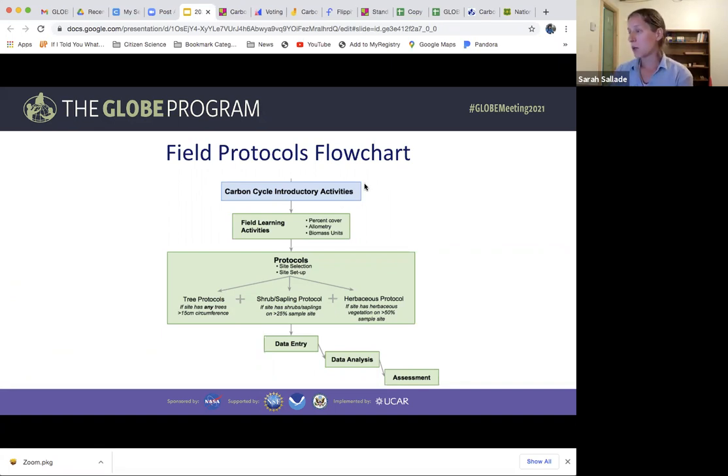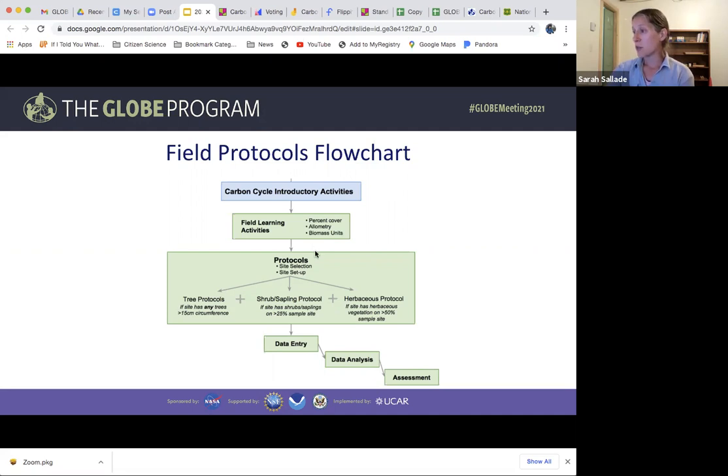If you need more background on carbon cycling, this is a great place to go. Some teachers and trainers already have lots of experience, as do some students, depending on what grade level or what age level you're teaching. After you have a background in the carbon cycle, there's some field learning activities, and we'll talk about some of those today.